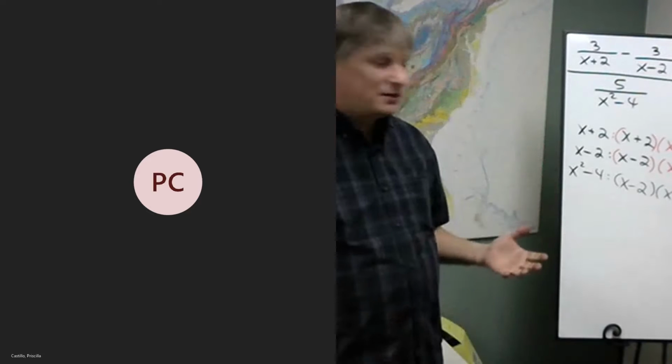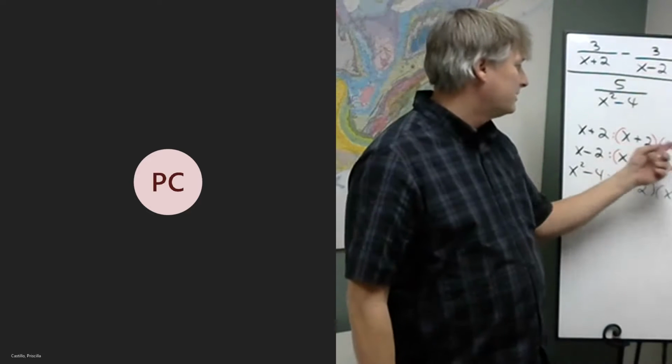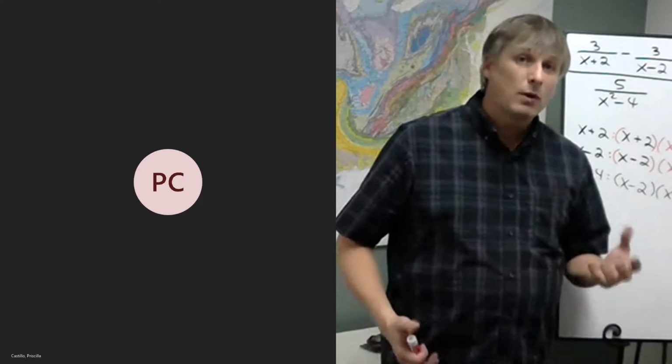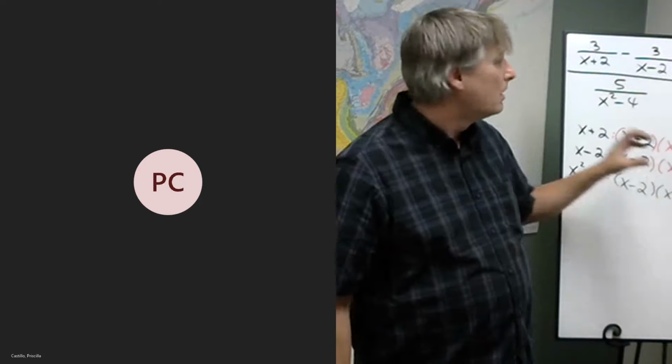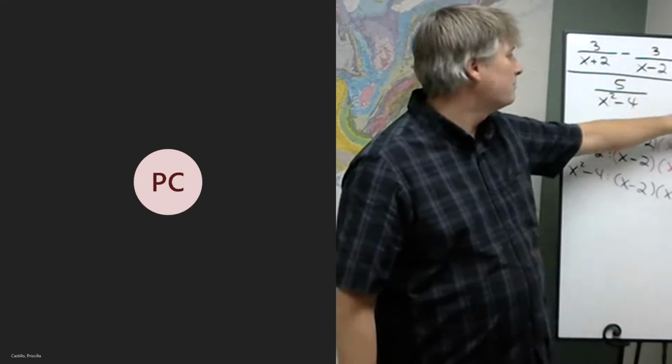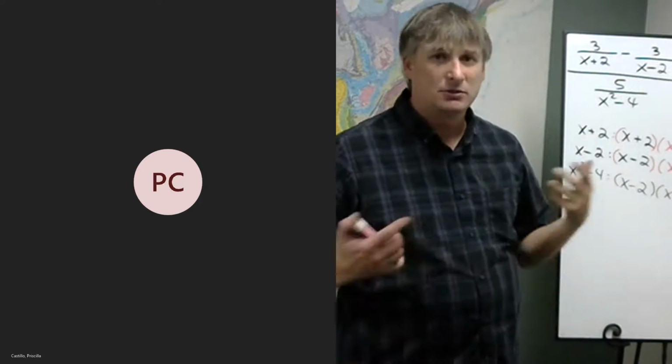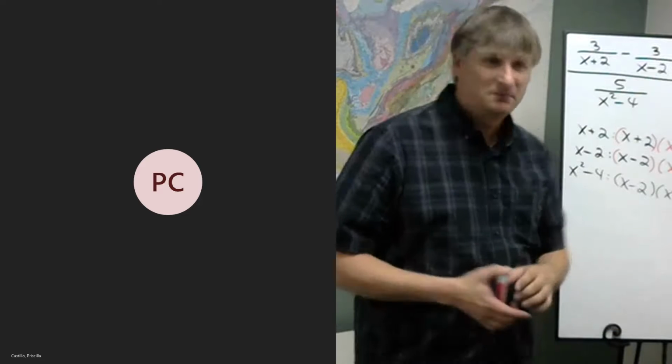So our LCD will be x plus 2 times x minus 2. We'll multiply top and bottom by it, distribute, and cancel.